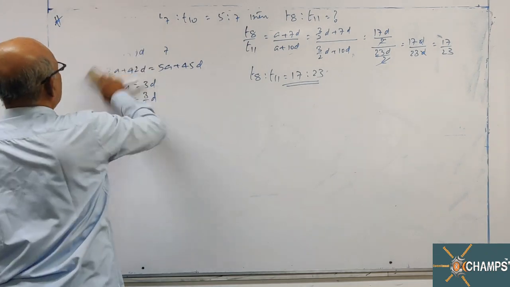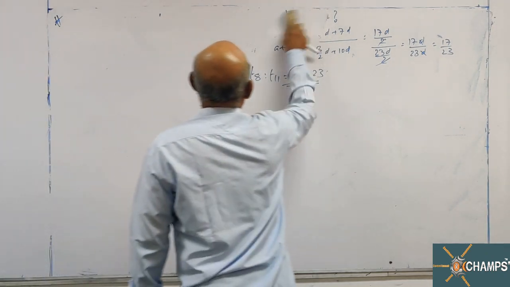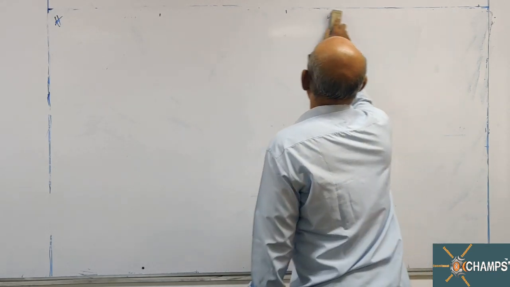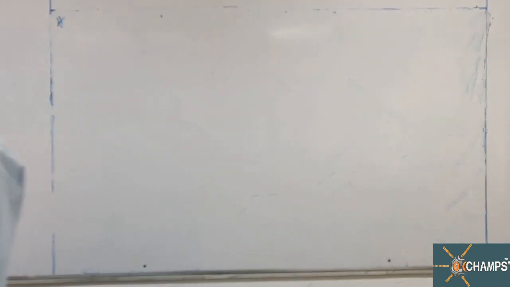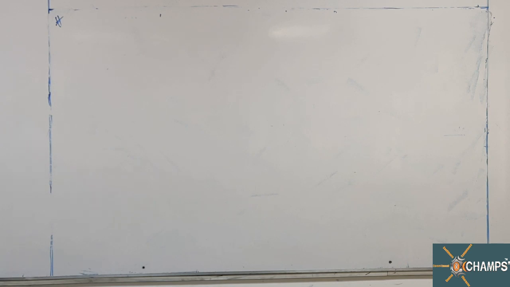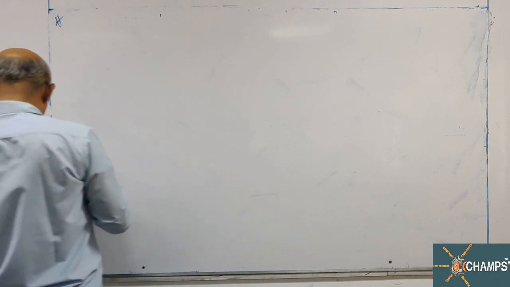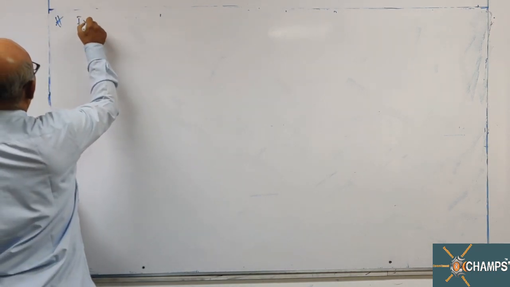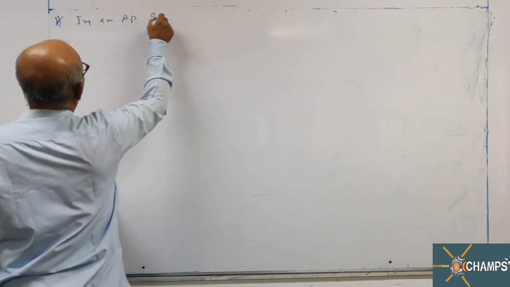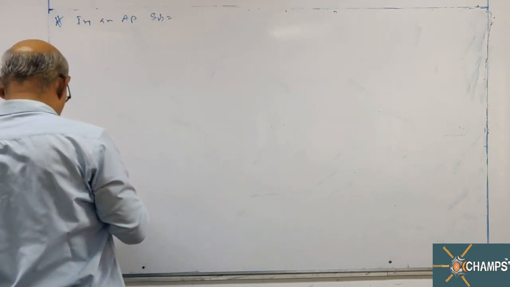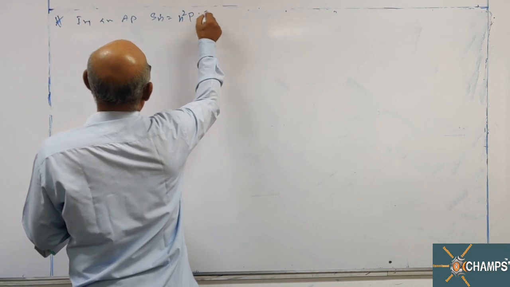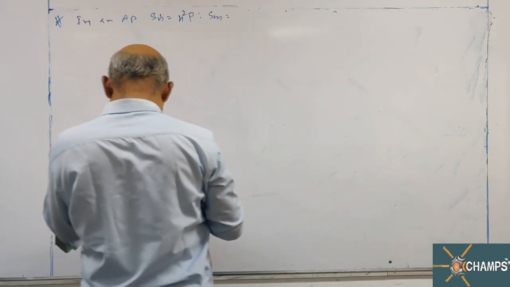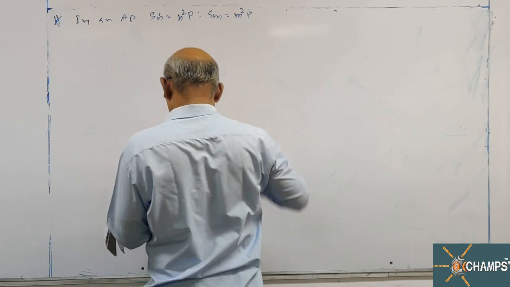Okay, see the next question. In an AP, Sm is equal to m square into p. Sn is equal to n square into p.